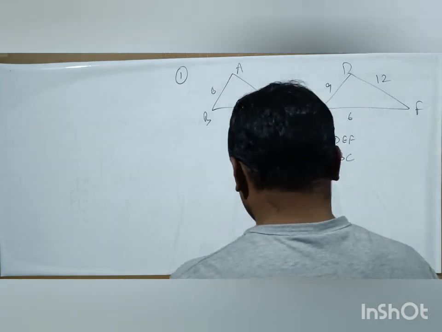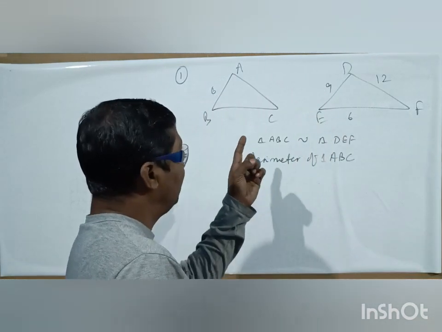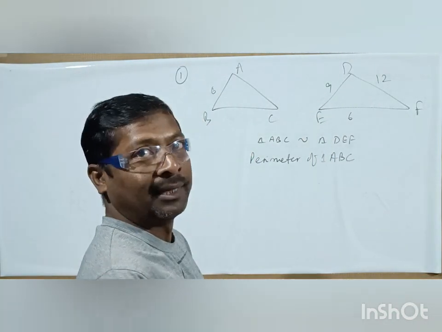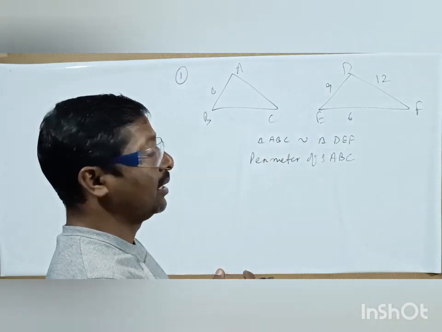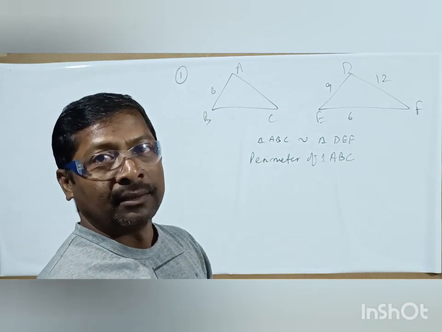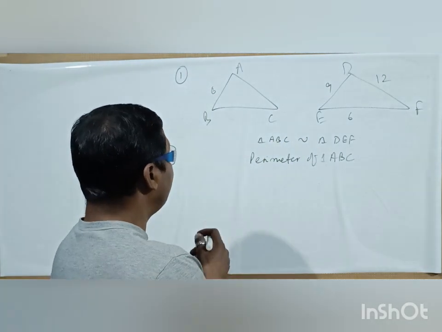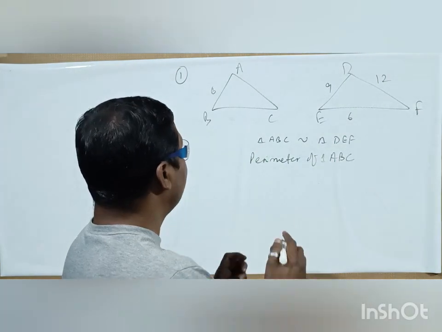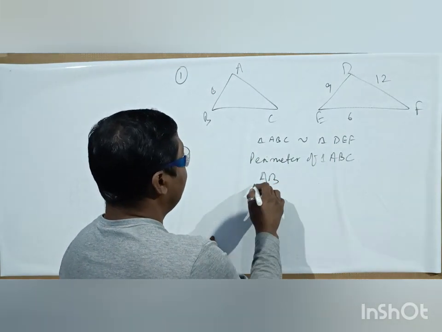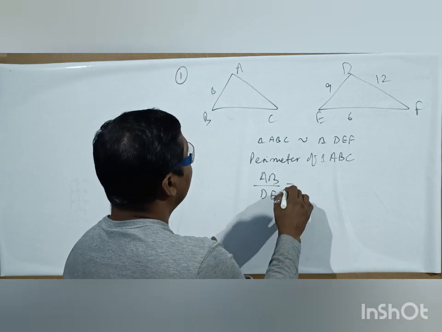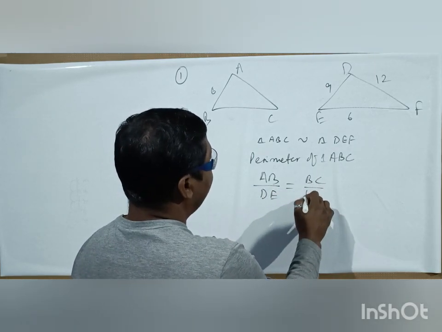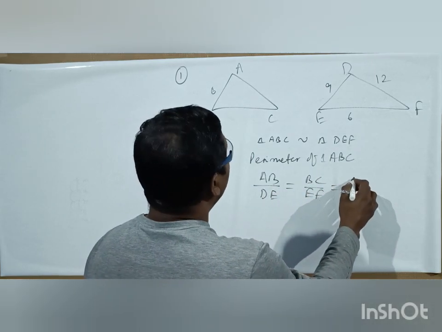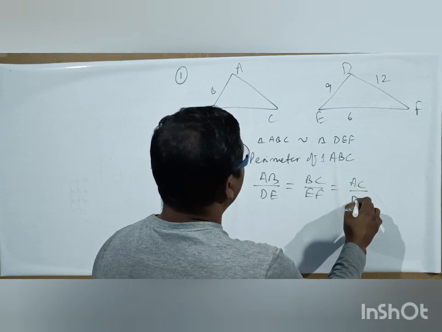We know that if two triangles are similar, their corresponding sides are in the same ratio. So if triangle ABC and triangle DEF are similar, I can write AB by DE equal to BC by EF equal to AC by DF.